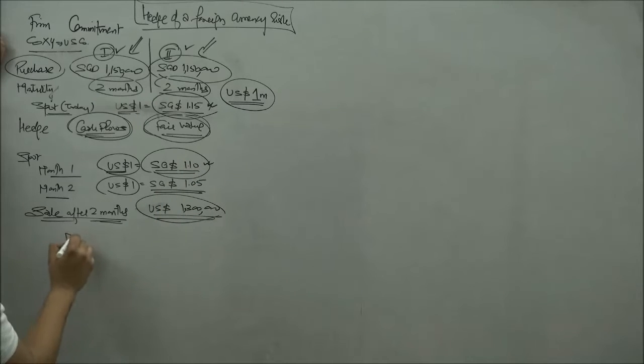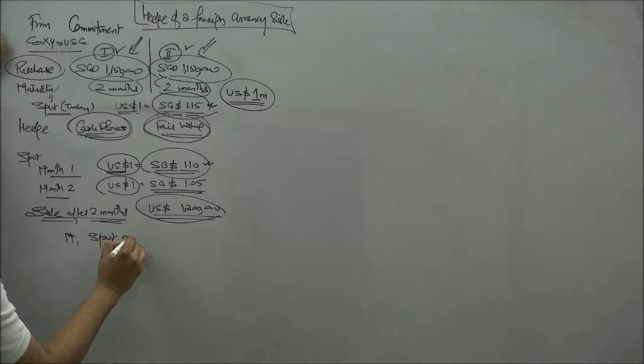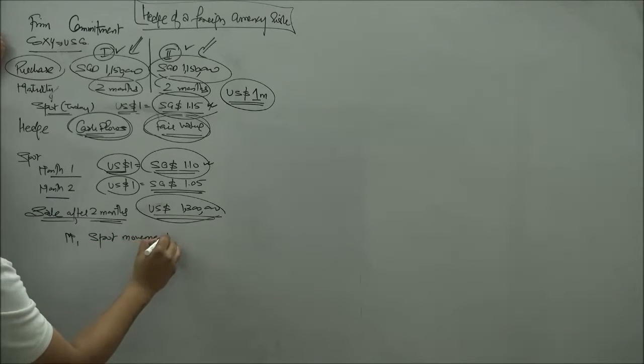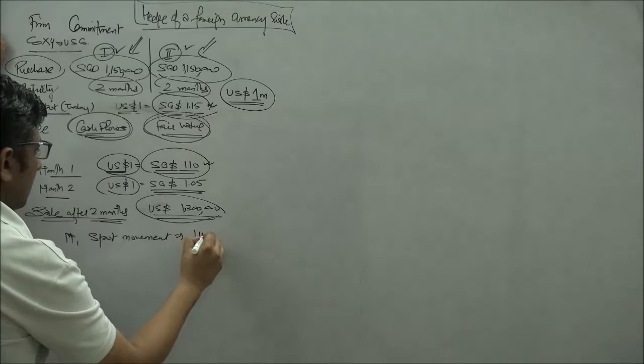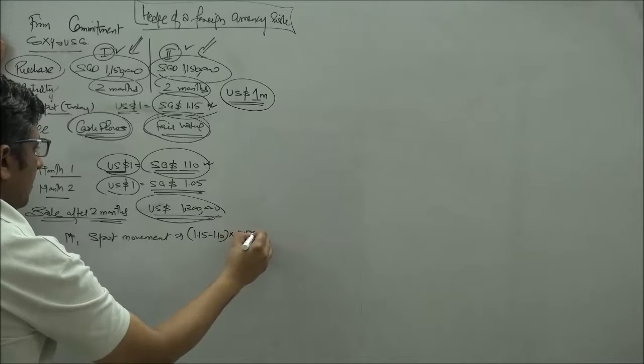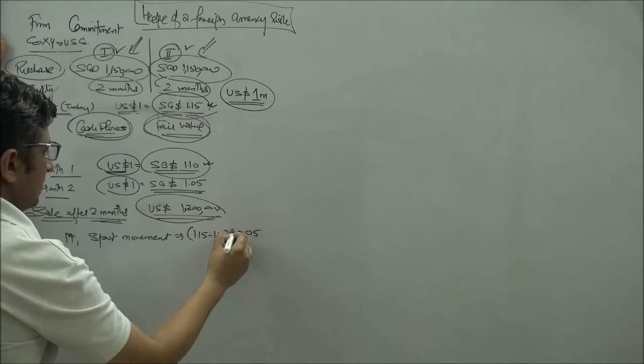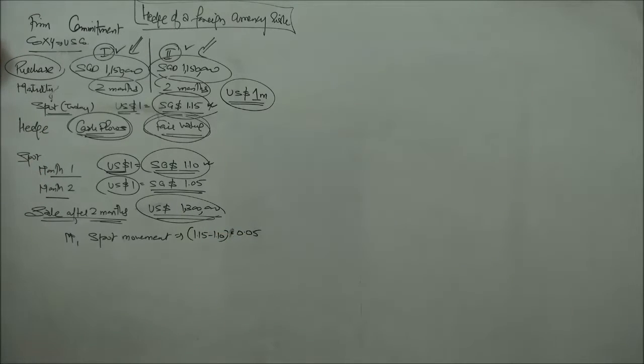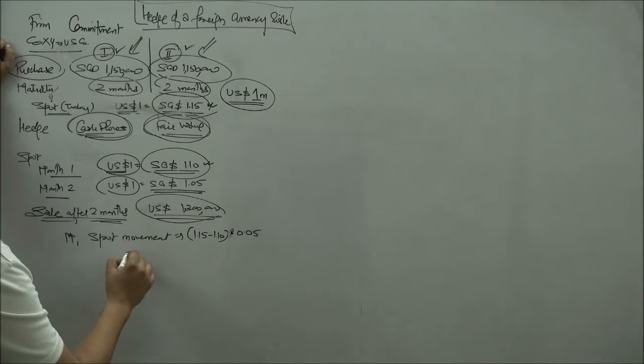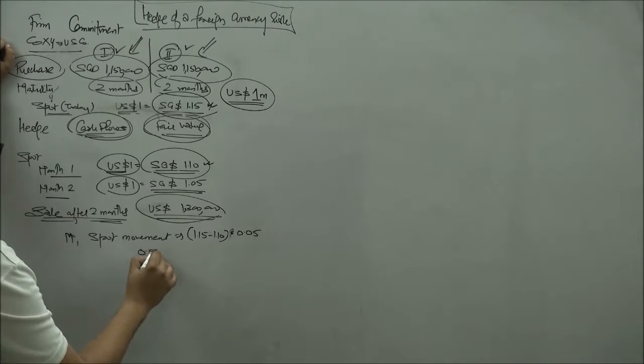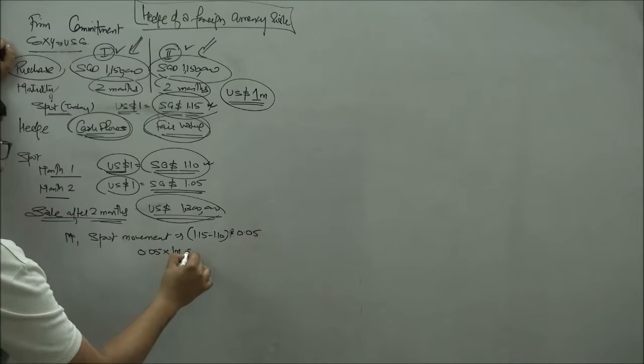So when I look at the end of month 1, the spot movement is 0.05 at an exposure of 1 million.